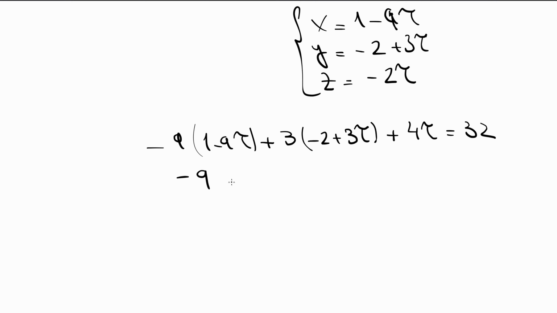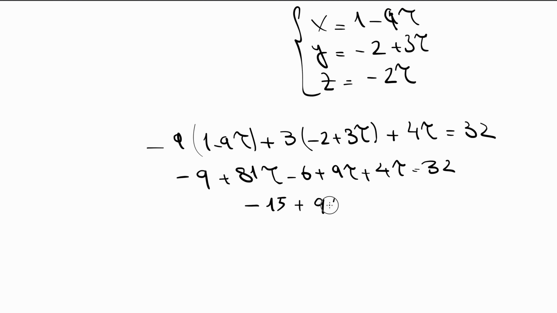So this is negative 9 plus 81 tau minus 6 plus 9 tau plus 4 tau equal to 32. This will be negative 15 plus 94 tau equal to 32. Then 32 plus 15 is 47, right? So tau is 1 over 2.